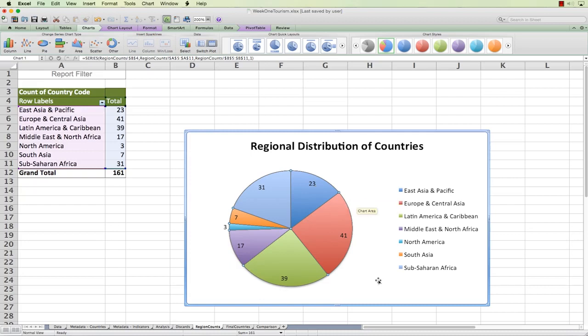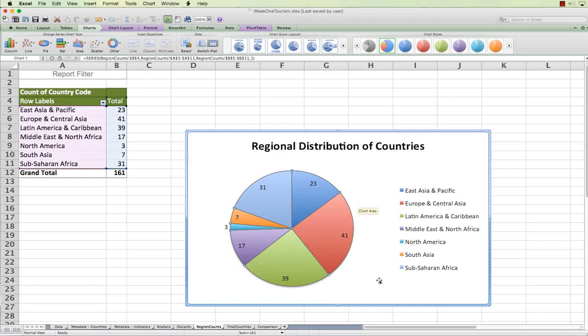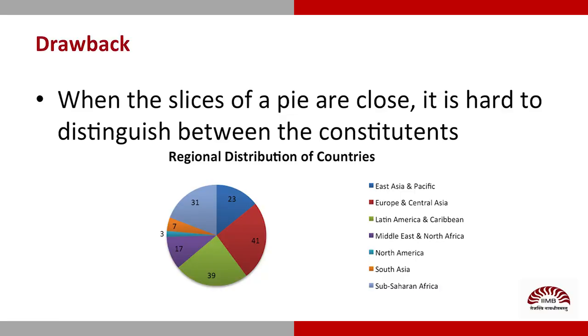We get a good sense of proportion just by looking at the slices. Like Europe and Central Asia, Latin America and Caribbean make up for half of the countries in our data set, approximately speaking. But had we not thrown in the actual numbers as labels, could we have distinguished between the maroon and the green slices? No.